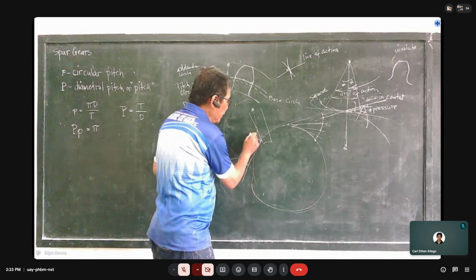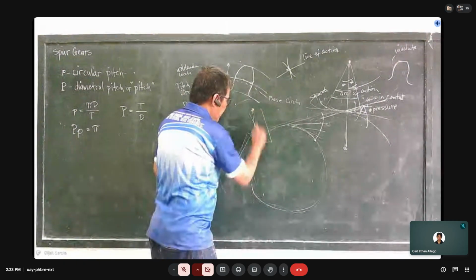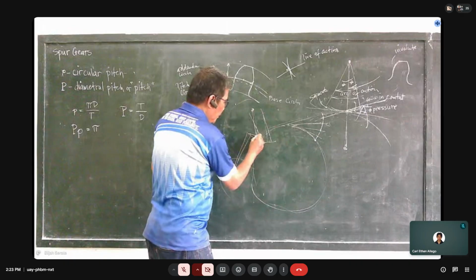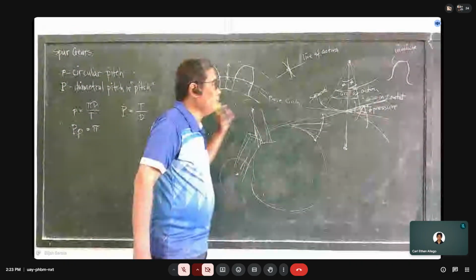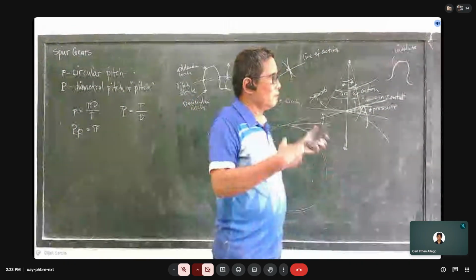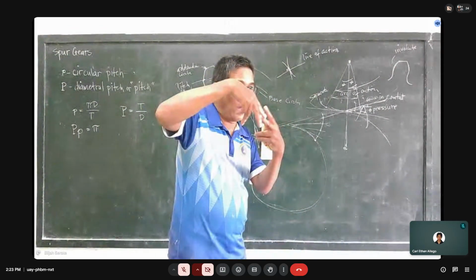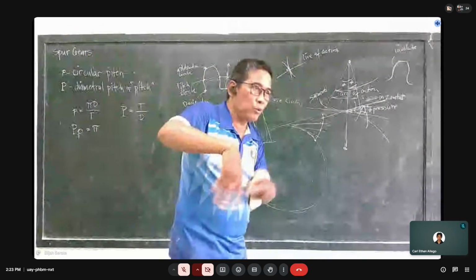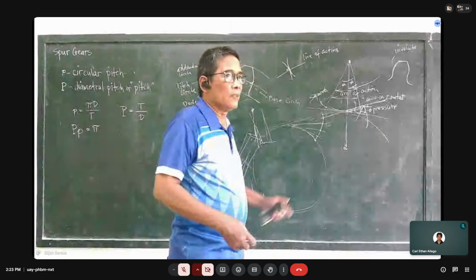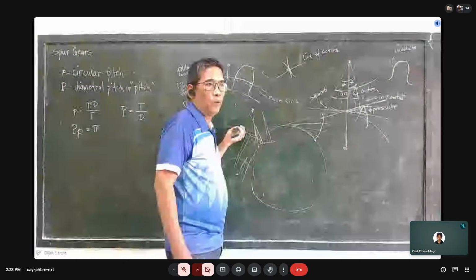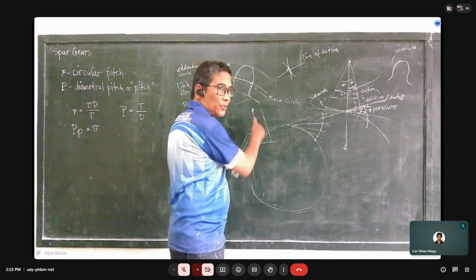So if you rotate it faster, your speed ratio will vary, depending on the radius.